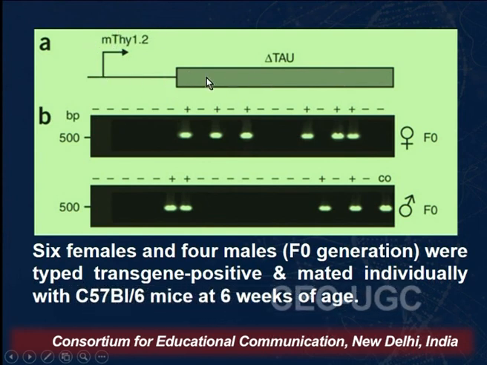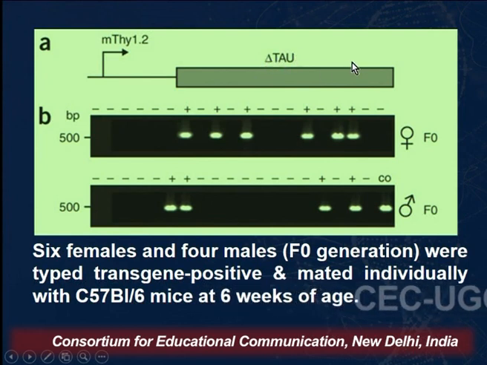So this stretch was introduced into the mice by the same mechanism, the superovulated eggs. By microinjection this was inserted, and then the transgenic pups were obtained by reimplanting the zygotes carrying the transgene into the foster mother.